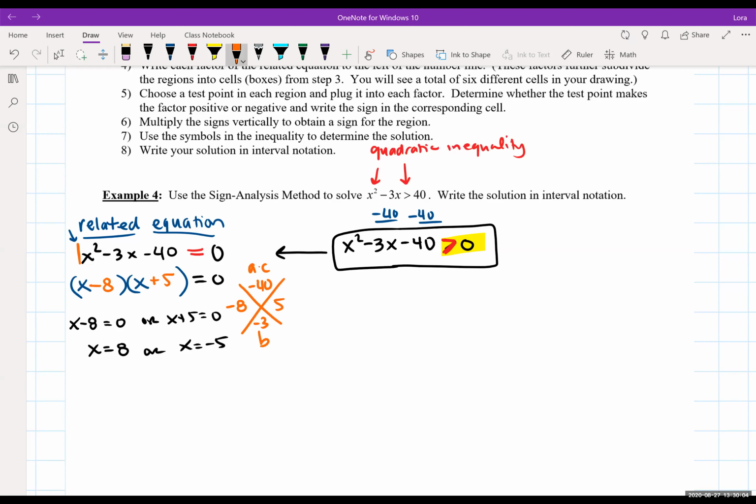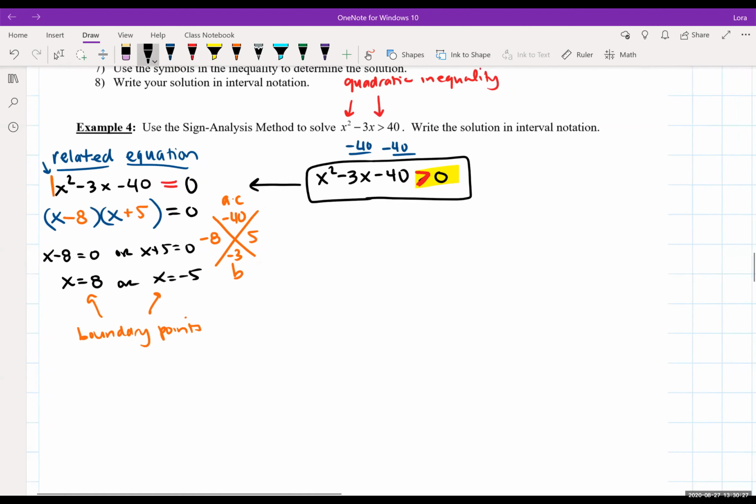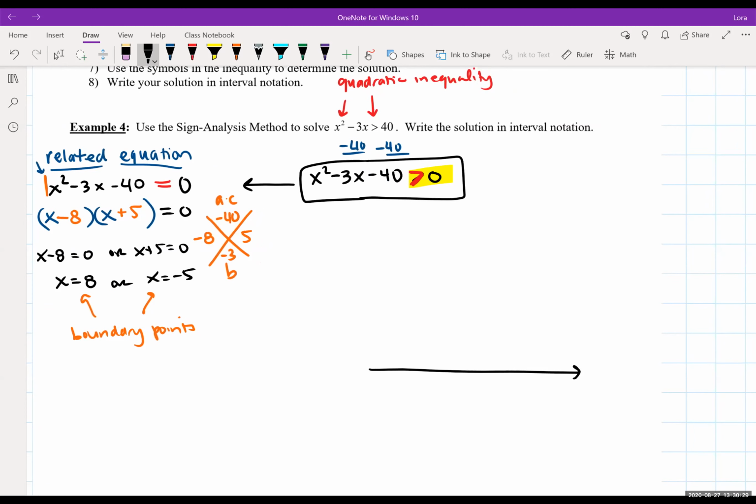So what we have for ourselves right now are our boundary points. In other words, it's the zeros of your quadratic function. Now this is where the sign analysis really comes into play. We're going to take these boundary points and plot them on a number line. So I'll draw myself a number line.